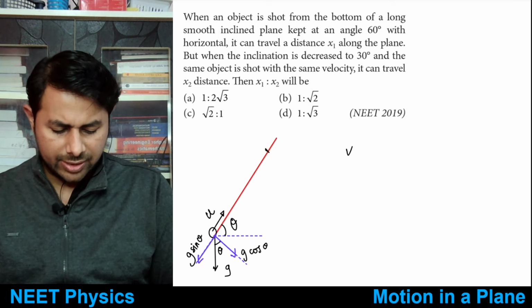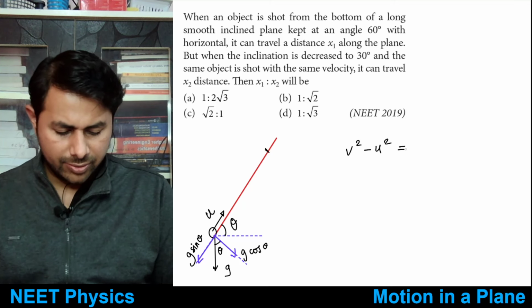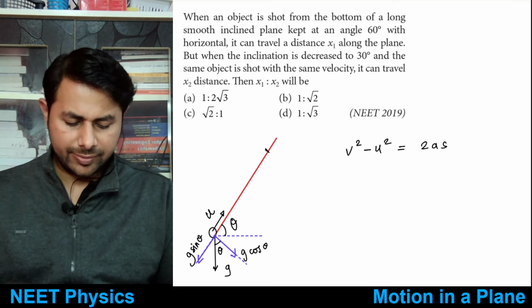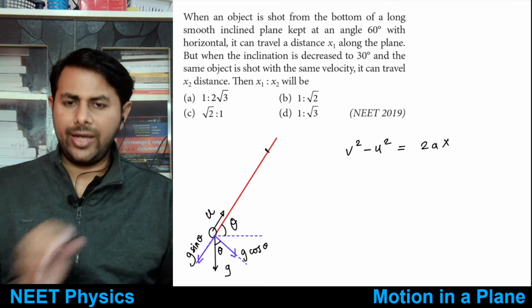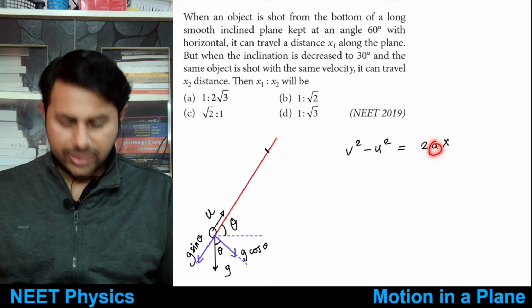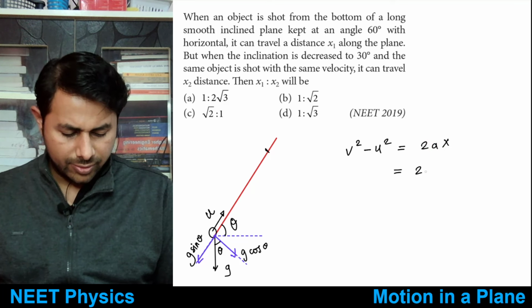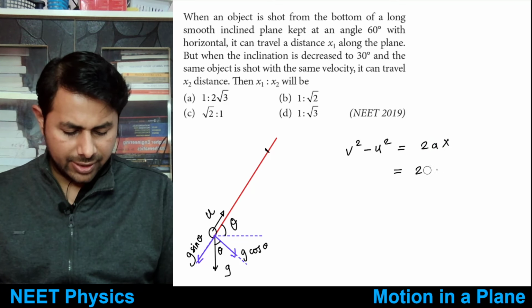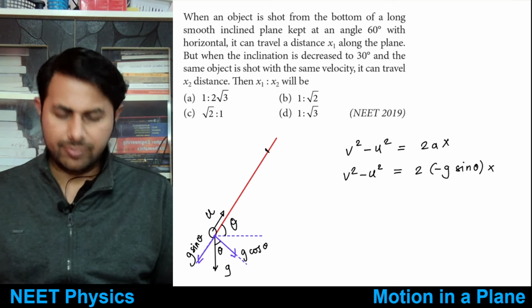Then you have v square minus u square is equal to what? It's equal to 2as, or you can say 2ax, let's say. So then what is this component? The acceleration is minus g. So this is 2 times minus g sine theta into x, that is v square minus u square.